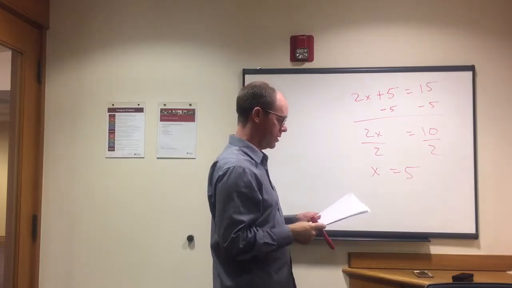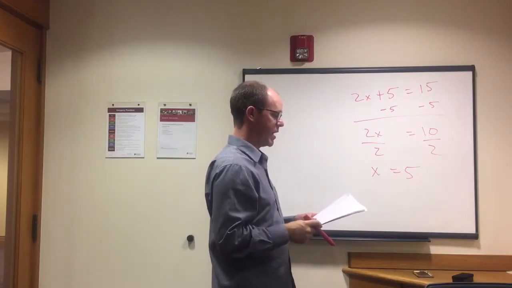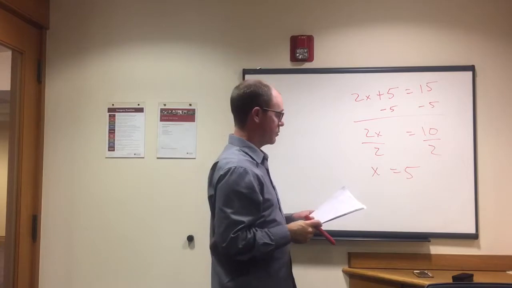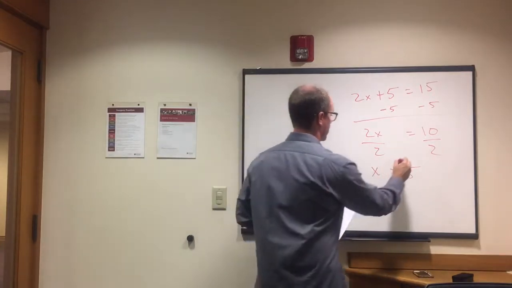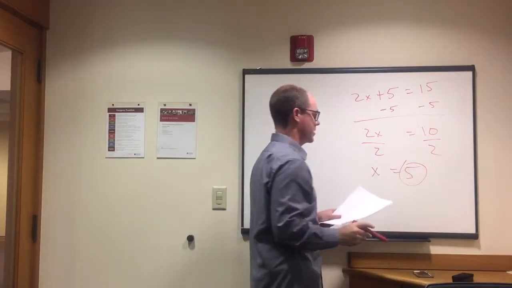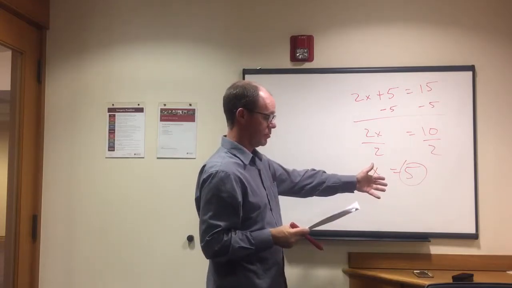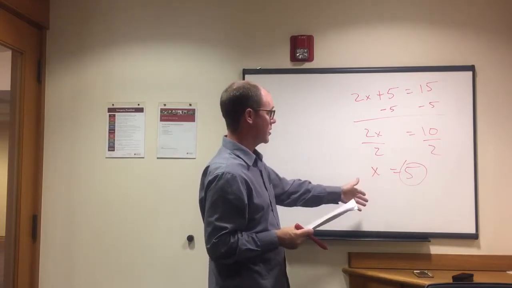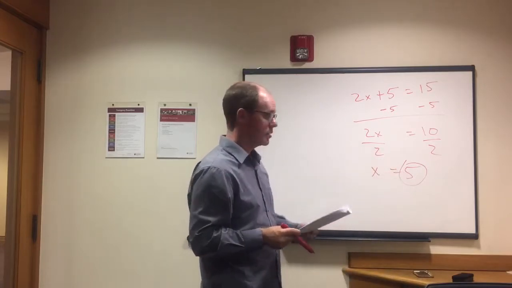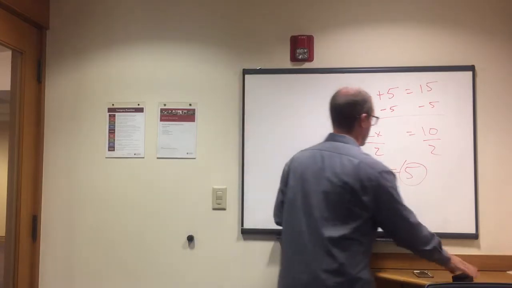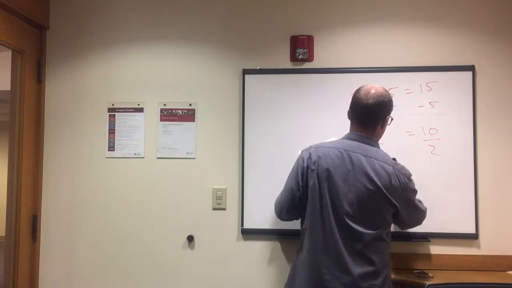Right, and if we think about what the question was again, it said 5 more than twice a number is 15. Okay, 5 times 2 is 10, that's twice the number, plus 5, 10 plus 5, 15, looks pretty good.